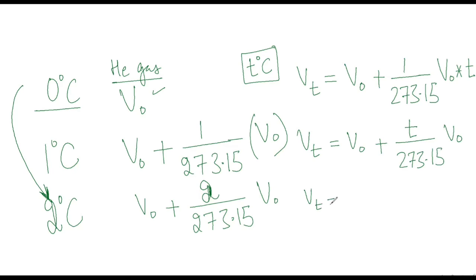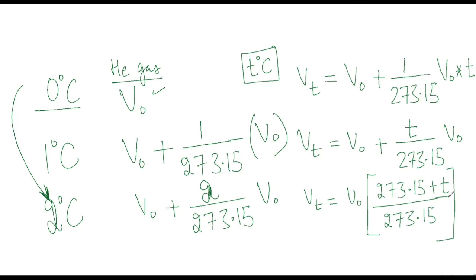Vt is equal to V naught (273.15 + T)/273.15, and this 273.15 + T is what is defined as the temperature in Kelvin. Avantika, am I making sense or not?